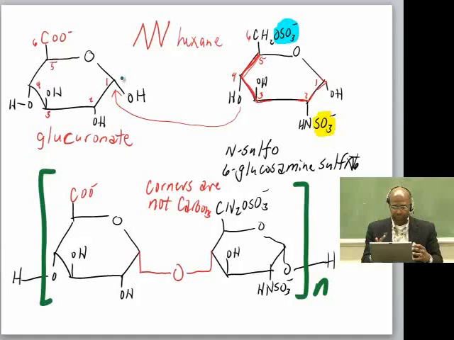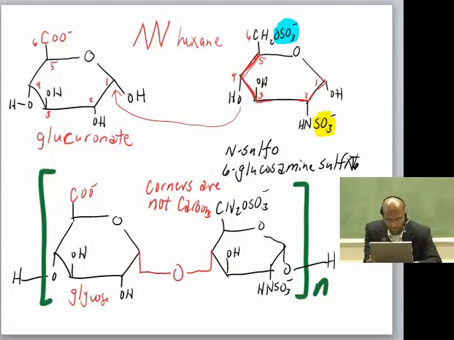Over here we just have a sugar, so this is our glycose. The first one is always a glycose, some sort of sugar. It could be any sugar. But the second one is always an aminoglycose.